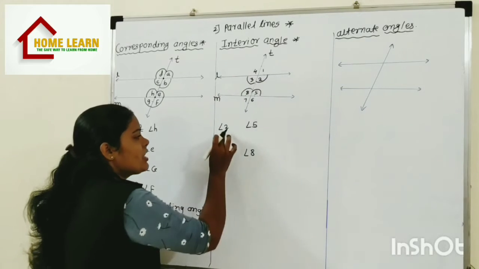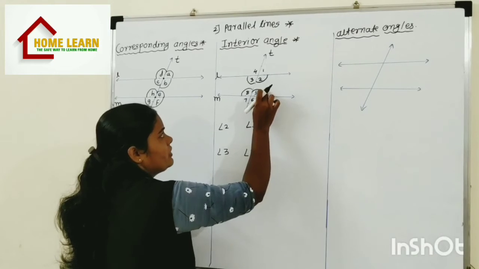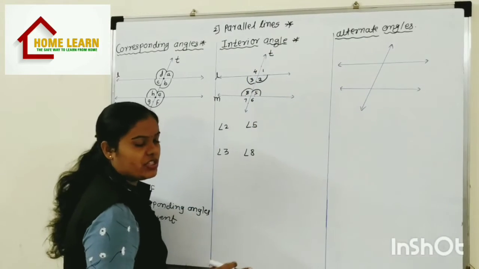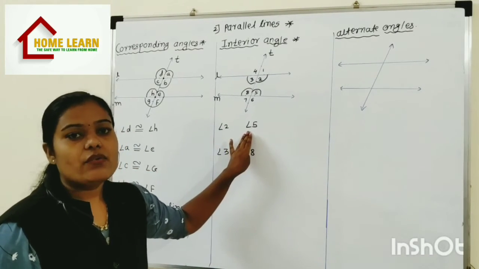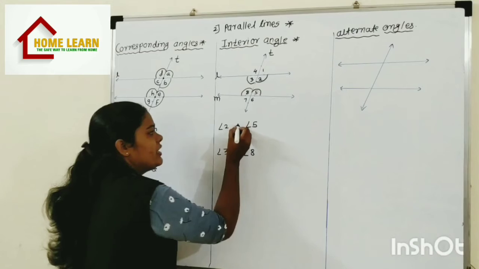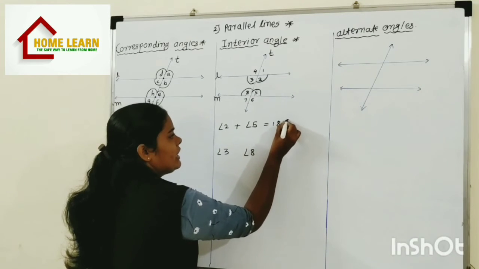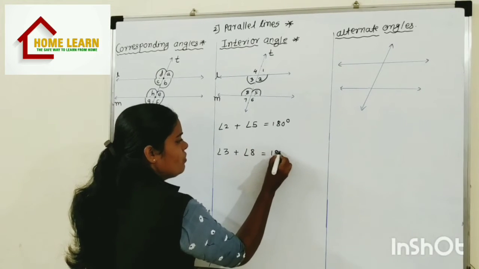Interior angles are supplementary to each other. This is the property of interior angles. That means the addition of these two angles is 180 degrees. So we can write angle 2 plus angle 5 equal to 180 degrees, or angle 3 plus angle 8 is equal to 180 degrees.